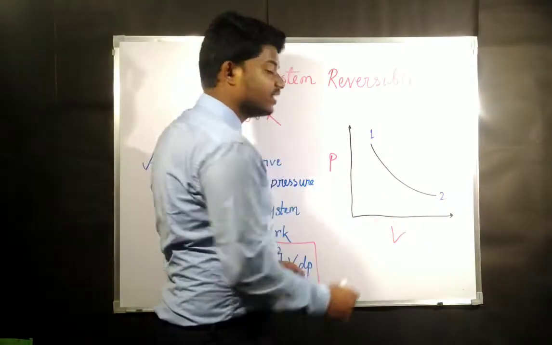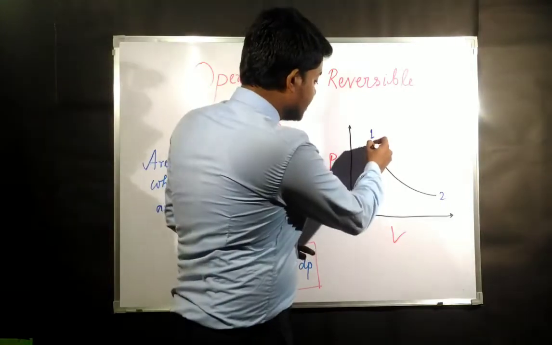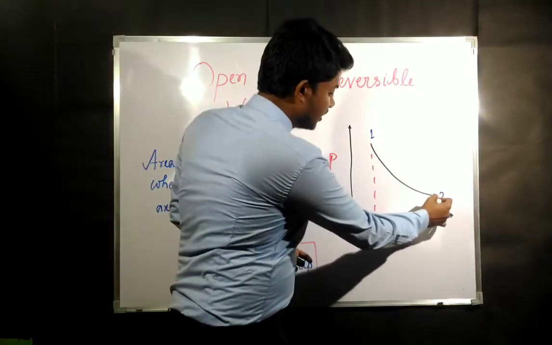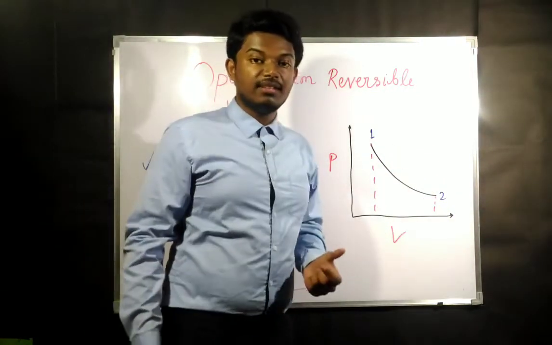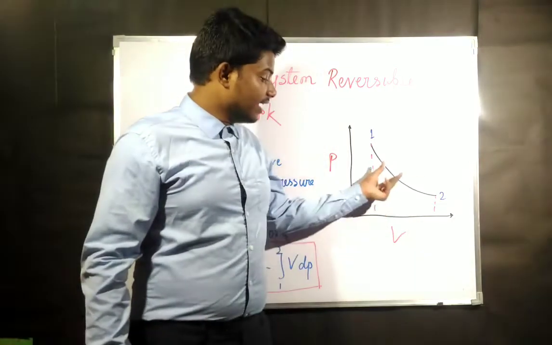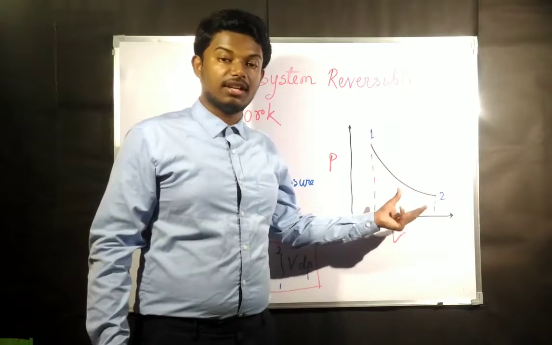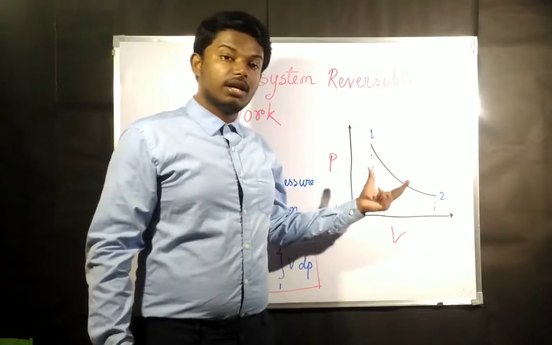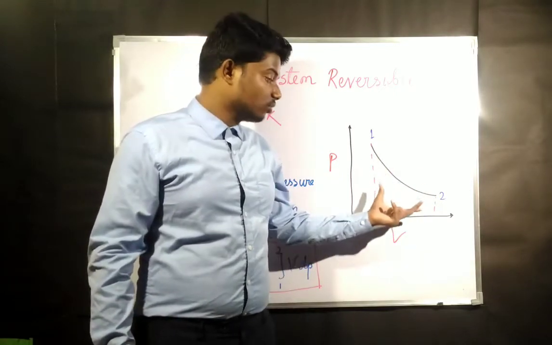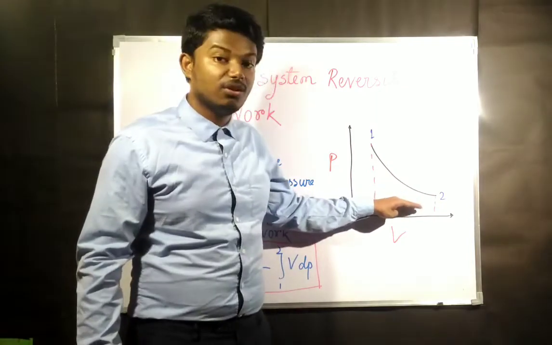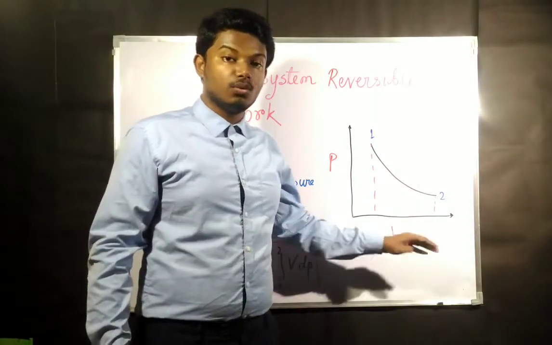If this is a PV diagram, the area projected on the volume axis gives us the work done in a reversible closed system.